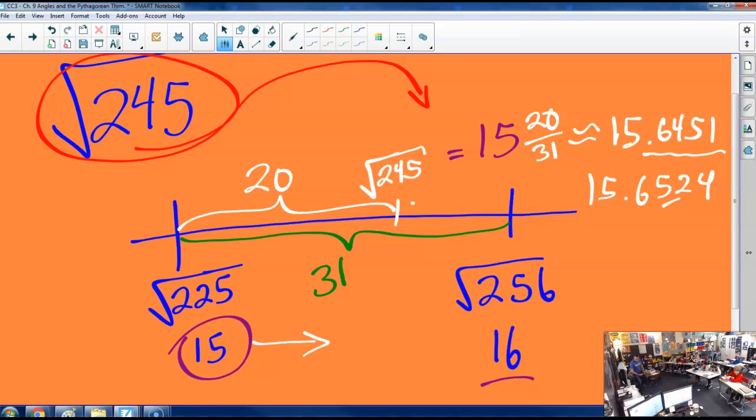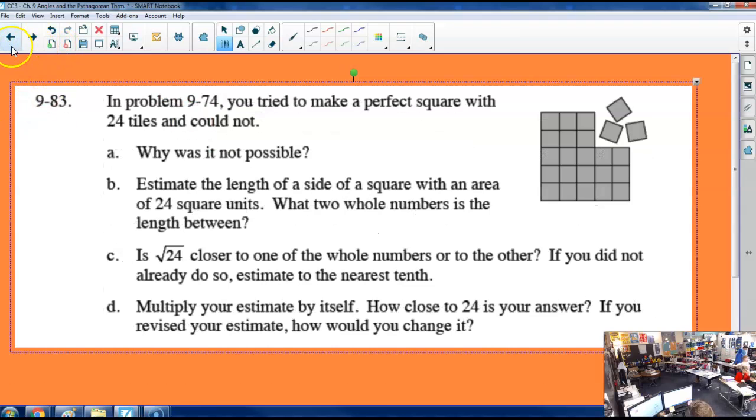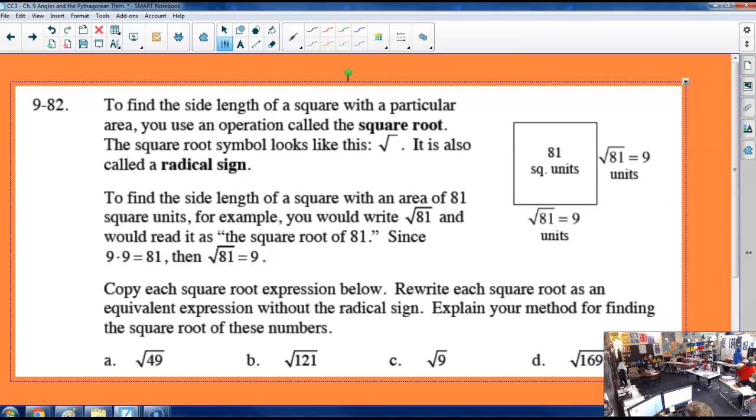Alright, let's move on. I do have a Desmos that we could do also. Would we rather do that? Get Chromebooks. Are we allowed to work together? Maybe, I don't know. I haven't ever done either of these.